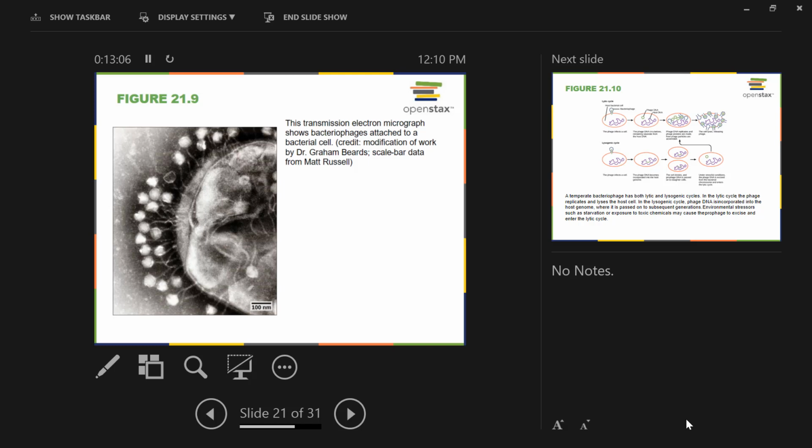So what's the difference between having a latent virus in you and having an asymptomatic disease? Usually the reason it's asymptomatic is because the virus is latent.